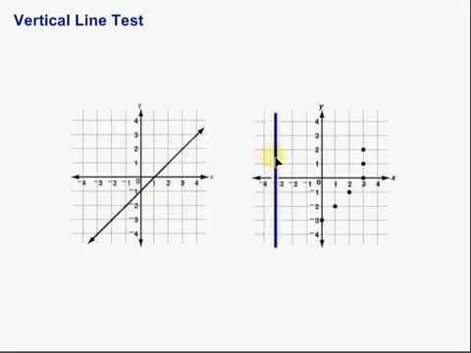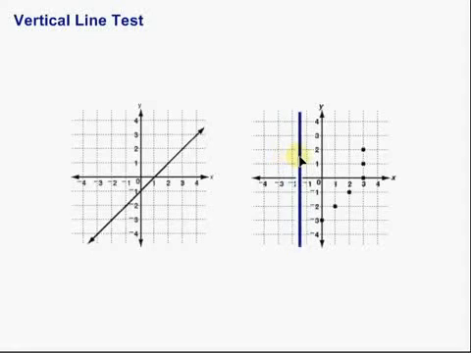This second one, as I'm going along, over here I'm okay because it's not touching at all. It can still be a function if my vertical line is not touching it. I get over here to the y-axis, I'm touching at 1 point, that's okay. Here I'm touching at 1 point, 1 point. Ooh, 3 points. Uh-oh, that's trouble. So right here is the problem. We're touching at 3 points.